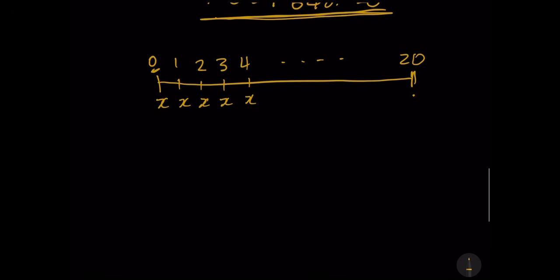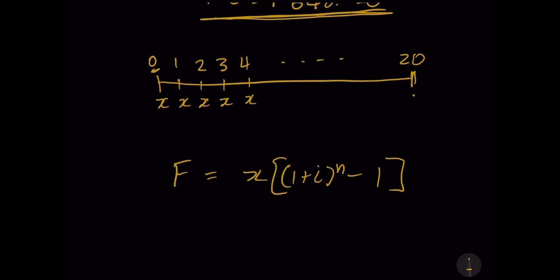So what we're going to do is use our future value formula and say F is equal to X into 1 plus i to the power n minus 1, divided by the interest rate.